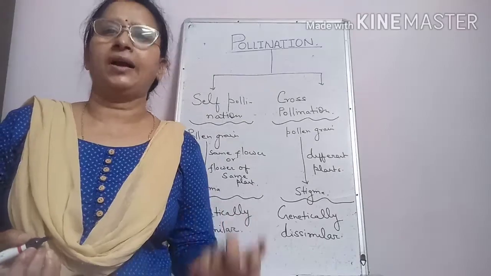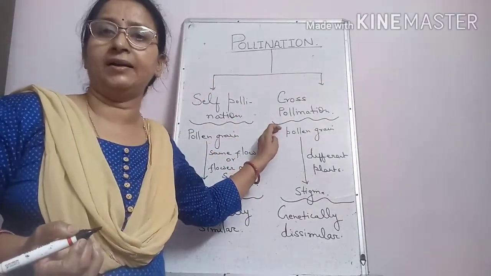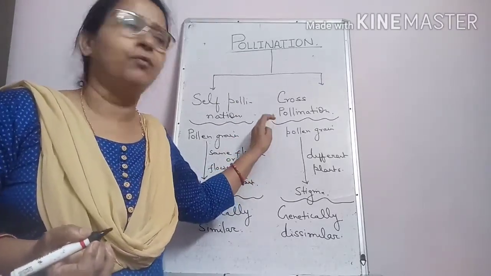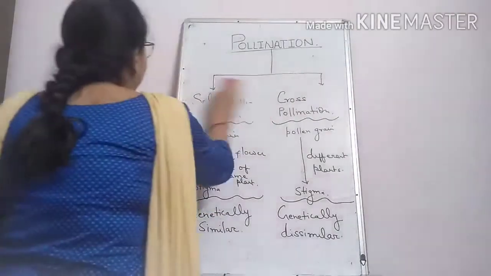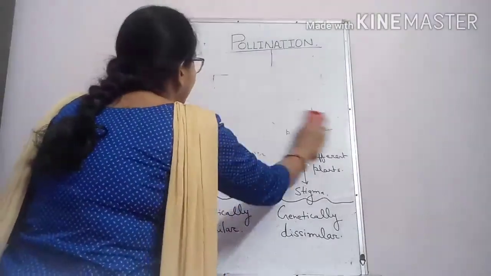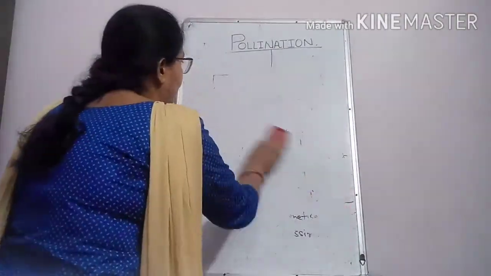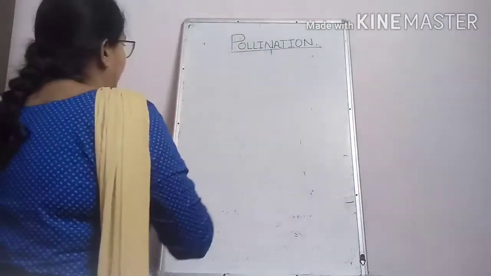Now the question arises, how does pollination occur? Which agents are responsible for doing pollination? Look here. The agents which are responsible for pollination are called pollinating agents.